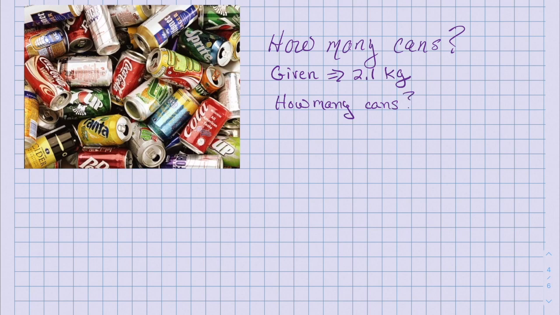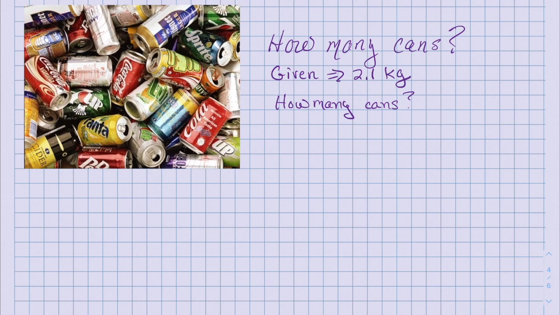what would be our next step? Well, we would need to know the mass per can, because if we have 2.1 kilograms and we divide that by the mass per can, we could find out how many cans we have, right?